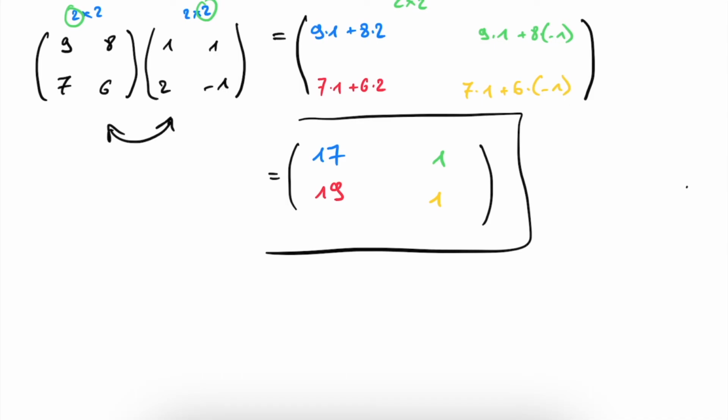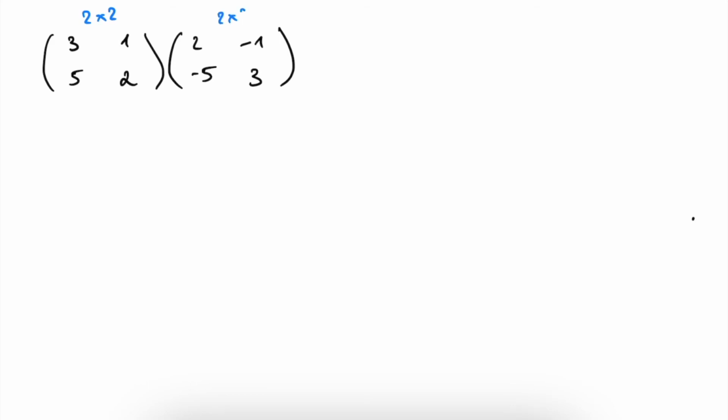Let's go to the next exercise, which is 3, 1, 5, 2 times 2, minus 1, minus 5, 3. Again, we have here 2 times 2 matrices, so we already know by now that these can indeed be multiplied because these inner numbers are equal, and that the result will be a 2 times 2 matrix, which are these outer two numbers.